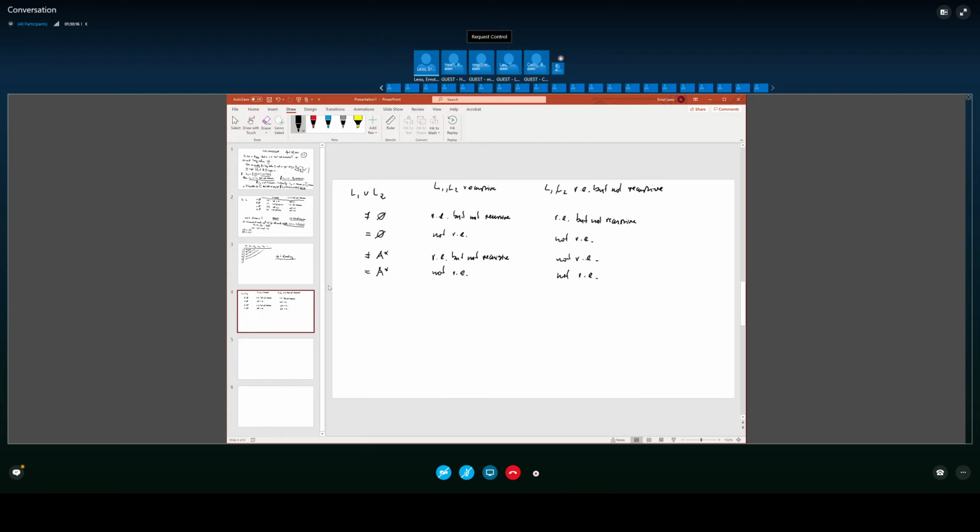Whereas in Turing machines, if you have a language that is recursively enumerable but not recursive, then every Turing machine for that language will have the defect, if you will, that it won't halt on input that isn't in the language.